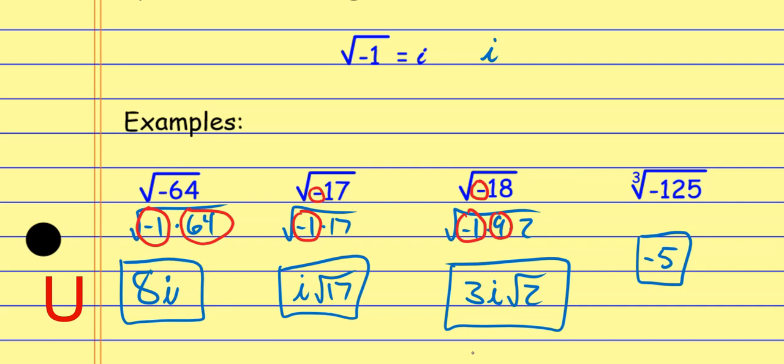These i values, imaginary numbers, would only apply to even roots because we can't take the square root of something like a negative in a real-world sense. But cube roots, fifth roots, seventh roots, negatives are okay. So don't fall into that trap. You can take the cube root of a negative. It just comes out as a negative number, okay? That's why we only have this special situation when we're talking about these square roots.